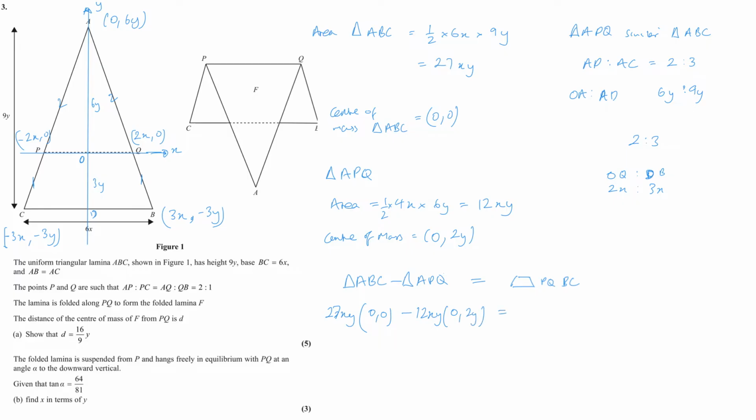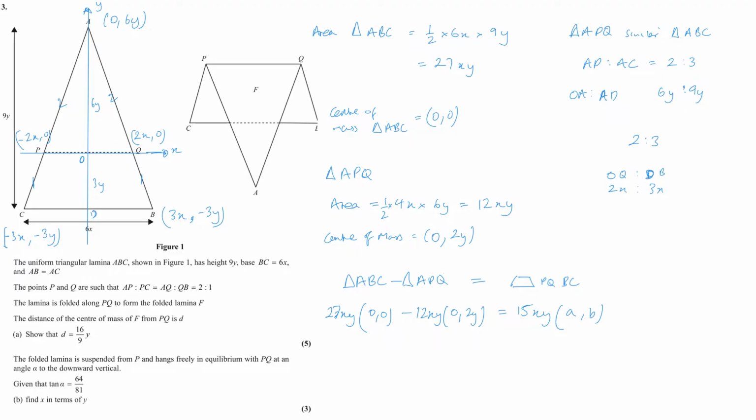Now this area is just going to be the difference between the two areas. So it'll be 15xy, and we'll call this AB as we haven't found it yet. Okay, so the total area is 27xy.